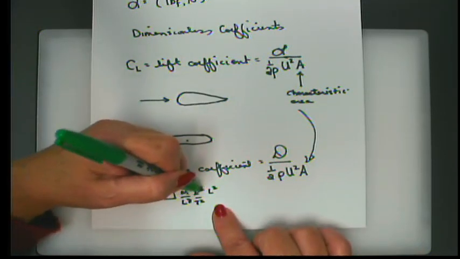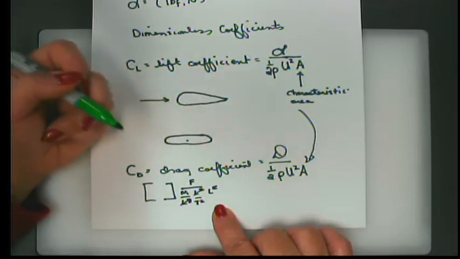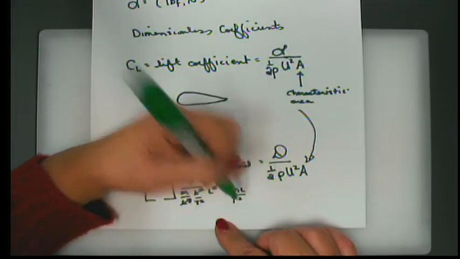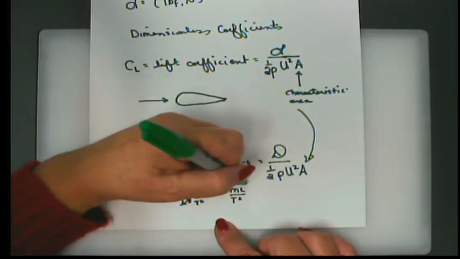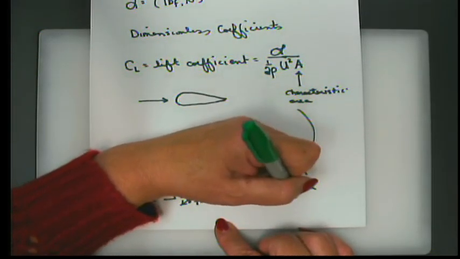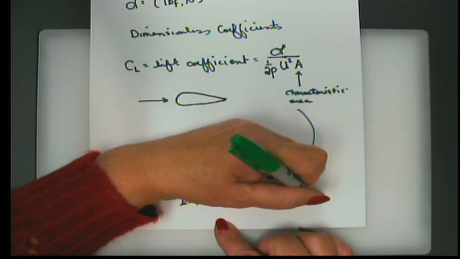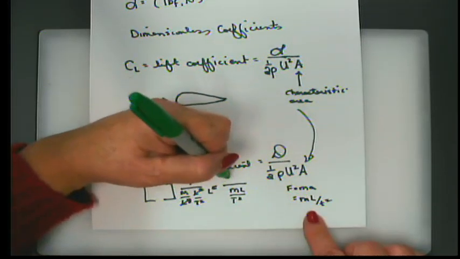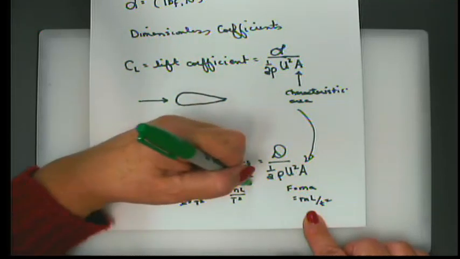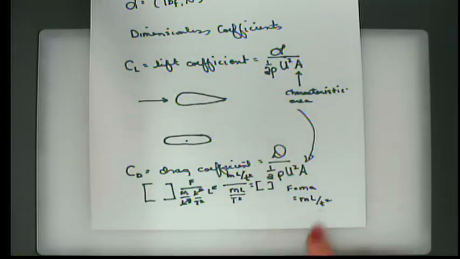So you can see that length to the fourth here cancels length third here, and you're left with mass length per time squared in the denominator. And we know force is equal to mass times acceleration, so it's equal to mass length per time squared. So we can substitute those units in, and looky there, we are dimensionless.